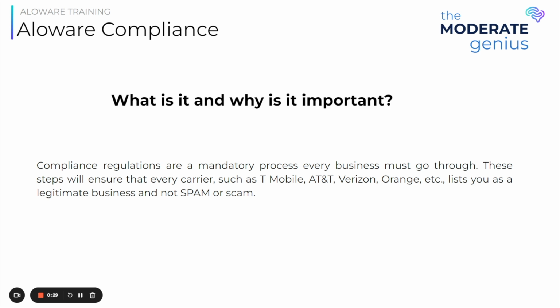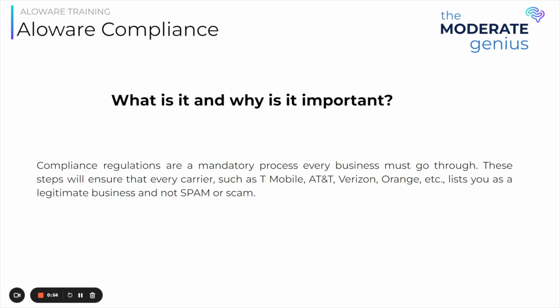So what is it and why is it important? All the compliance regulations are a mandatory process every business must go through. These steps and regulations were implemented by the US government and all the major carriers such as T-Mobile, AT&T, Verizon, and so on.